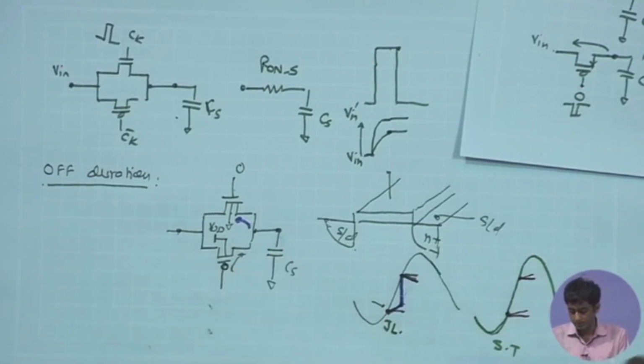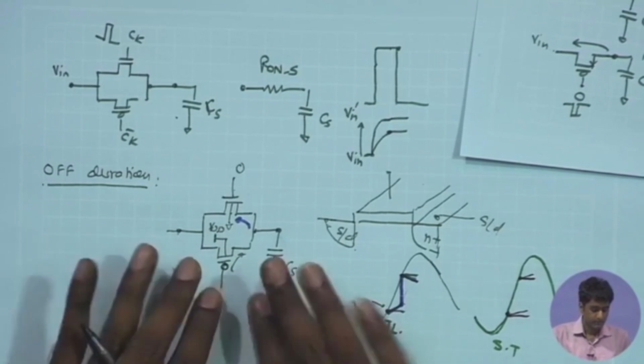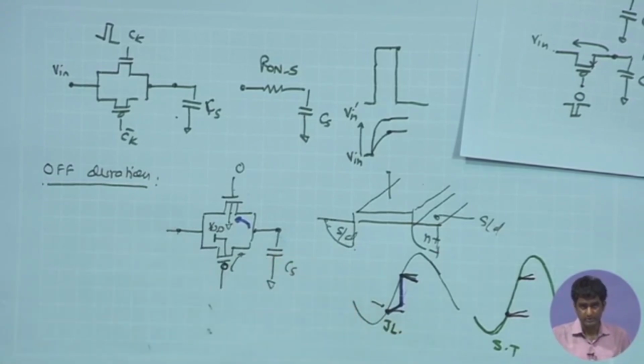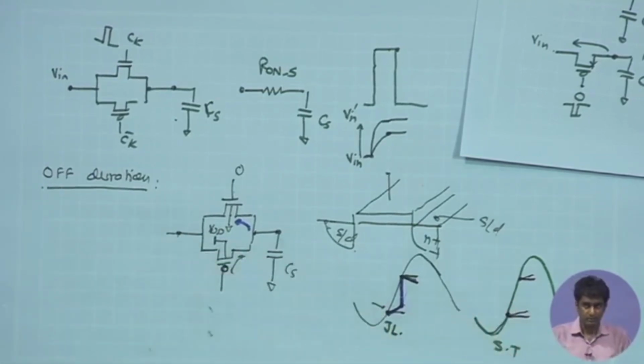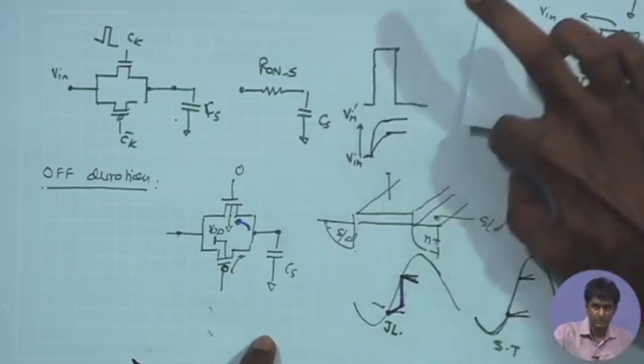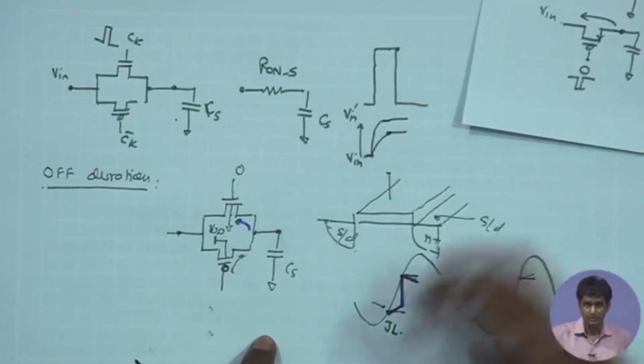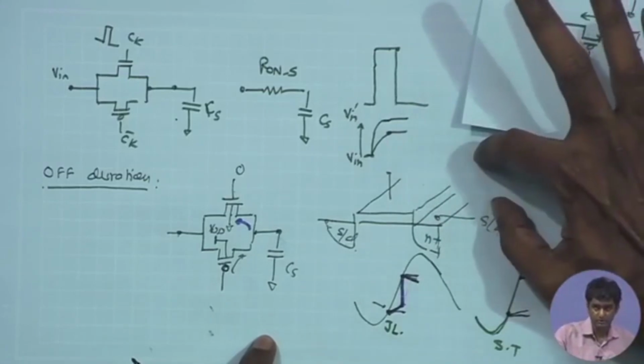Now, in the technology we are using right now, you will notice that the junction leakage is going to be the dominant component, and what does the junction leakage depend upon? It depends upon the cross section area of the junction. And what does the cross section area of the junction depend upon? Which transistor dimension?